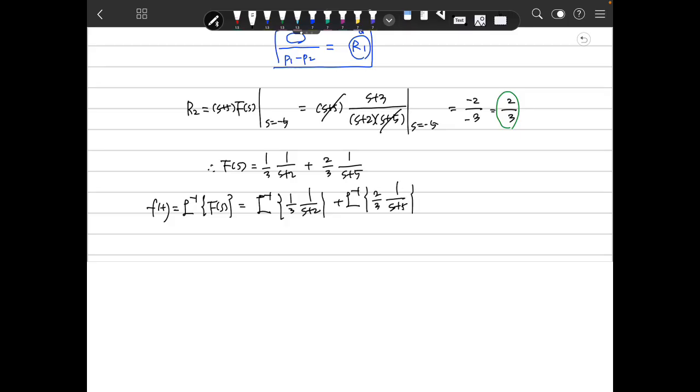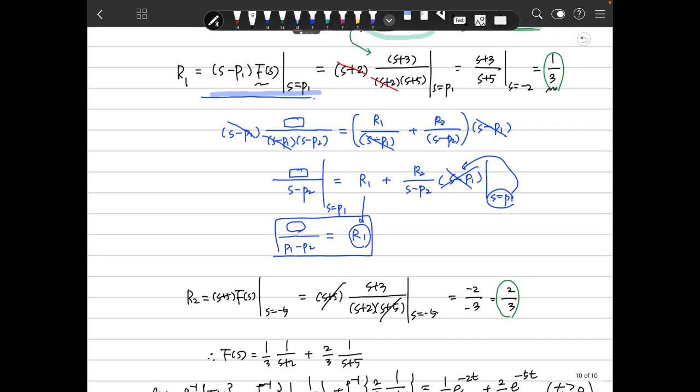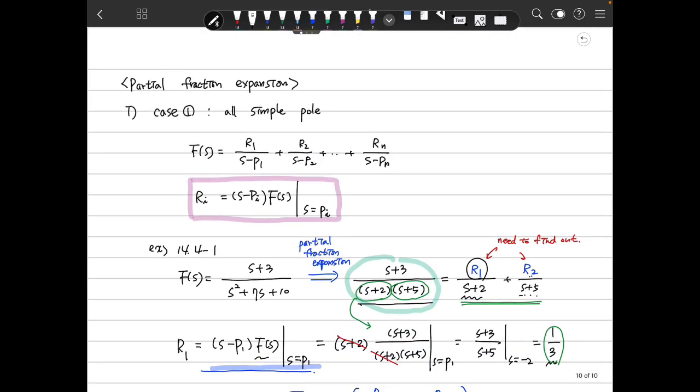So that will be 1 over 3 exponential minus 2t plus 2 over 3 exponential minus 5t, for t larger than 0. So this is the way, in the simple pole case, we get the inverse Laplace.